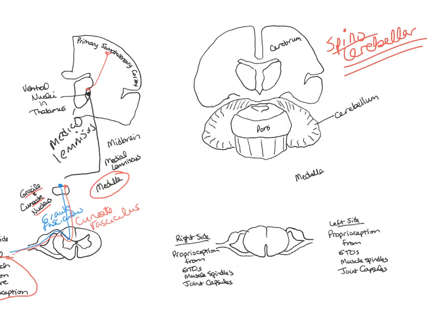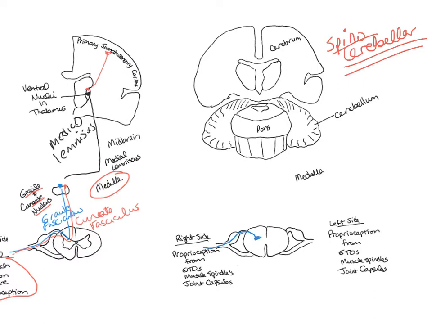So with the spinocerebellar pathway, there's actually two different pathways. There's an anterior and there's a posterior. They're both going to end up in the cerebellum. But what you're going to see is that the anterior spinocerebellar is going to cross over, and then the posterior spinocerebellar is not, right? So let's look at the anterior spinocerebellar. It comes in through the dorsal root.